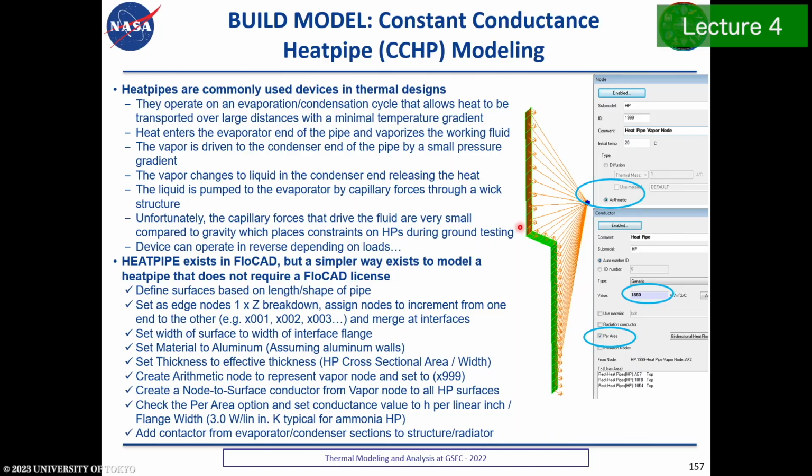The quick way that I've found to simulate heat pipes is basically model the flange, make a vapor node that is arithmetic, has no mass, and then do a node to surface conductor where the value for that is based on a watt per linear inch Kelvin heat transfer coefficient for evaporation, condensation for the different sections of the heat pipe, and scale it by the fact that you're multiplying by an area.